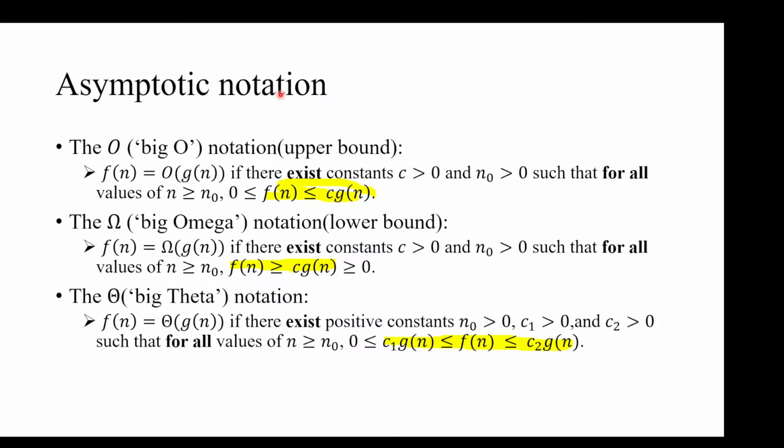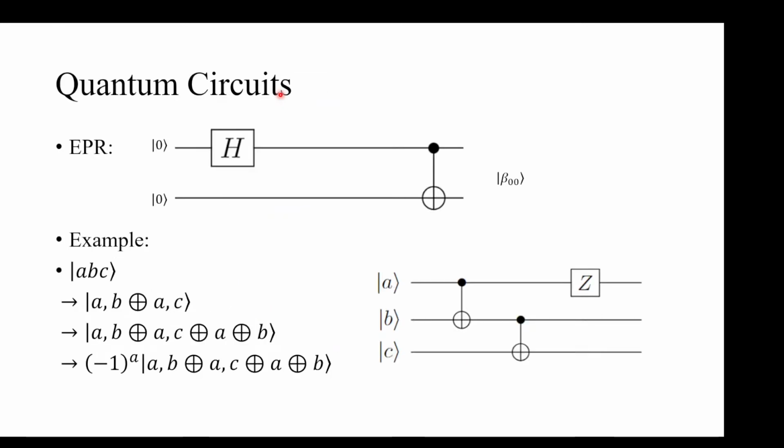And in these few minutes, we give examples of quantum circuits. Two examples of quantum circuits. The first one is you go through a quantum circuit and you start with a computational basis state and you get Bell state beta 00. This is an EPR pair. What happens is you start with 00 and you go through Hadamard.